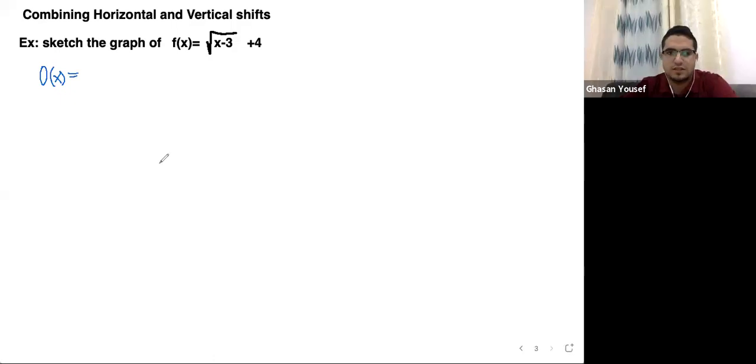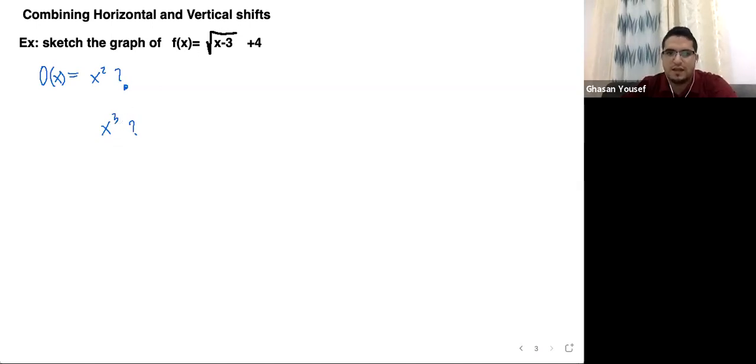What is the basic function I start graphing? Is it O of x equal x squared? No. Is it x cube, for example?